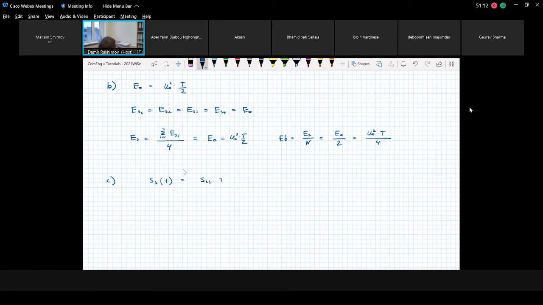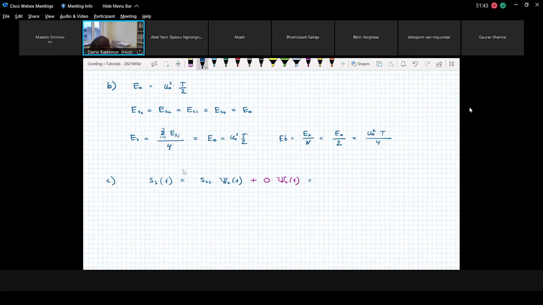S11 times psi1 of t. But we can write that we have first part plus 0 times second basis function. I mean, nothing changes because we add just 0, but it will help us to unify our notation. And this sum of 2 products, we can rewrite in matrix form or vector form.